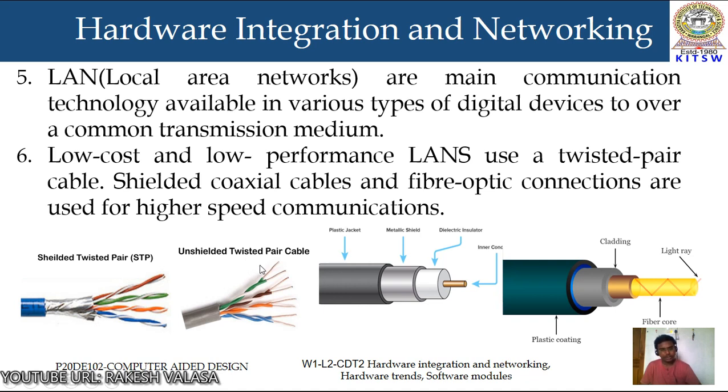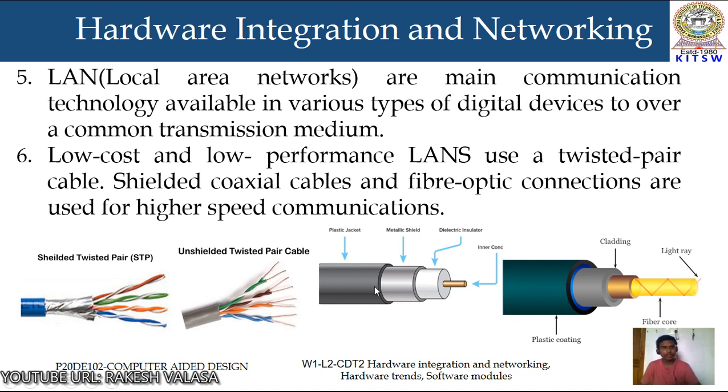Cables without shields are called unshielded twisted pair cables, commonly called UTP. Twisting the wires together results in characteristic impedance for the cable. UTP cables are used in Ethernet, computers and telecommunication systems.